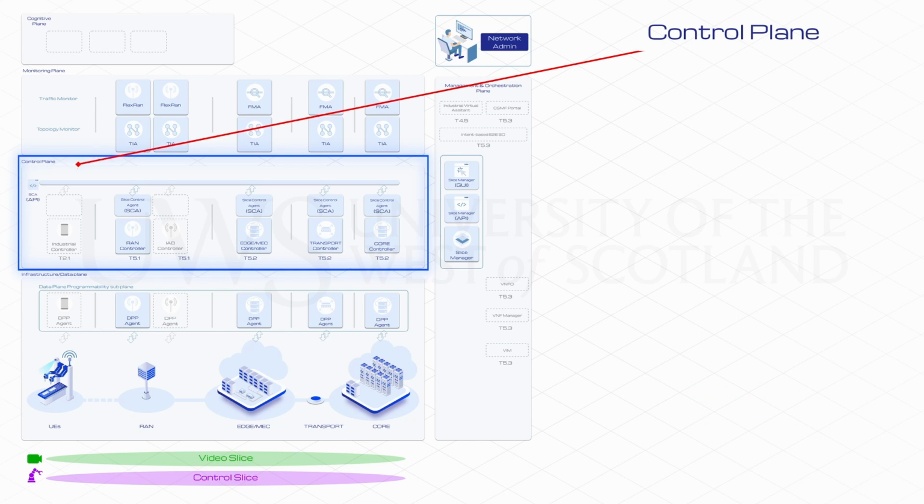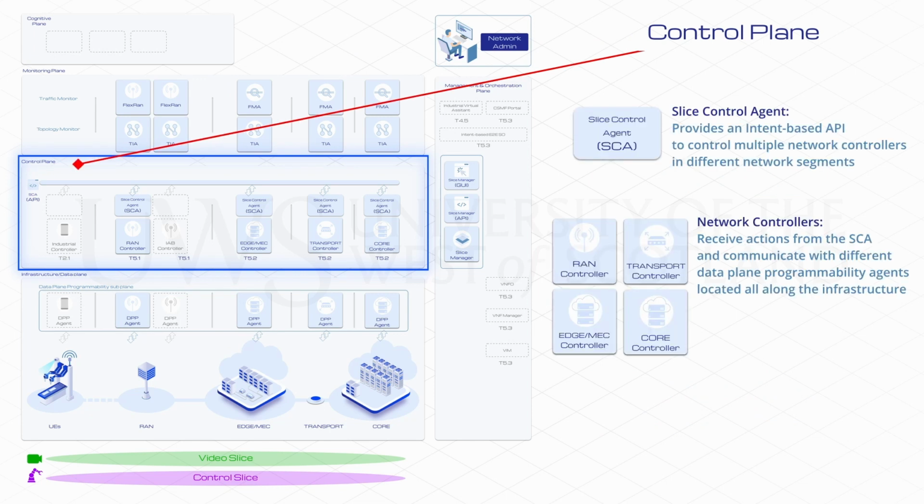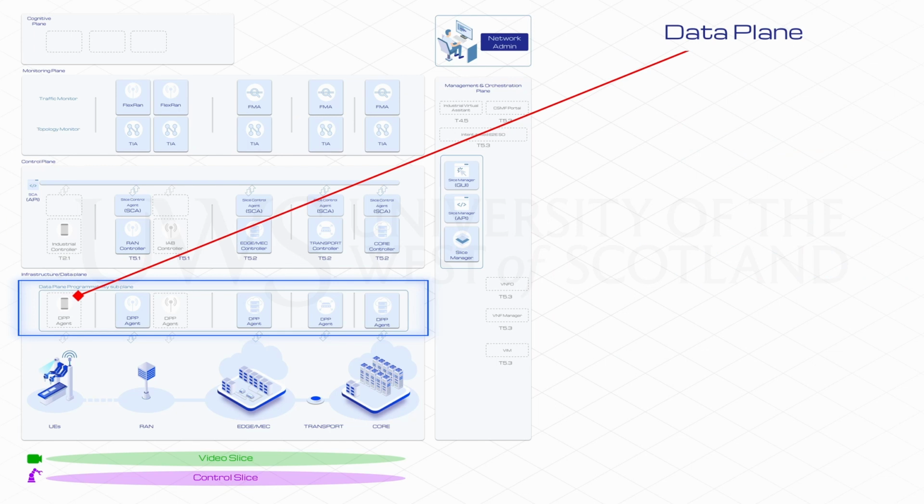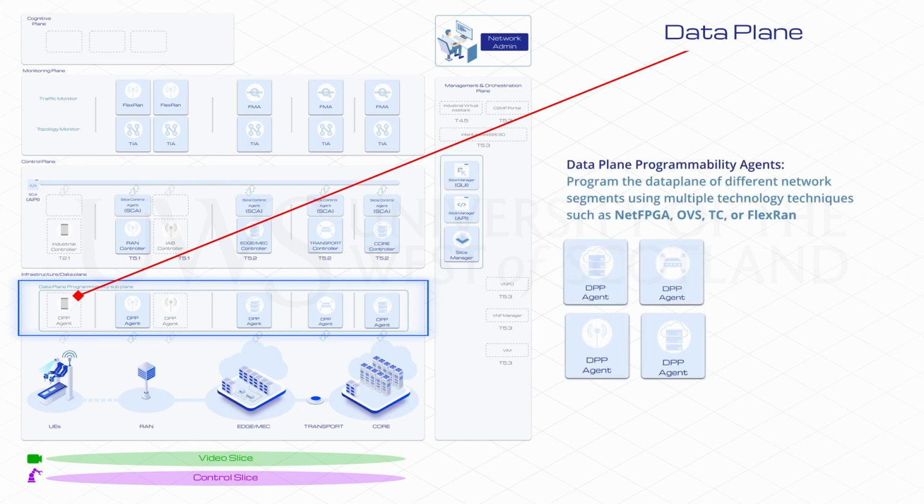The control plane contains the intent-based API to unify the communication within the network controllers that will insert the network policy rules for slices. In the data plane, several programmability agents such as traffic control, OVS, and NetFPGA allow network policies to be configured and adjusted as appropriate.